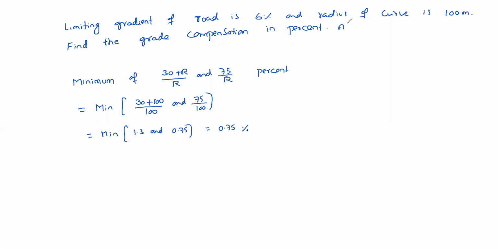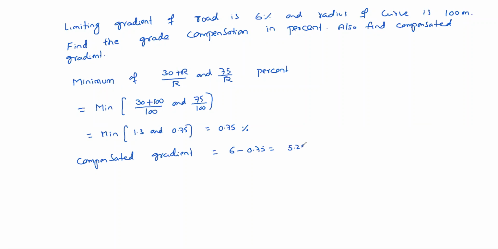Also find the compensated gradient. So compensated gradient equals 6 minus 0.75, that equals 5.25%.